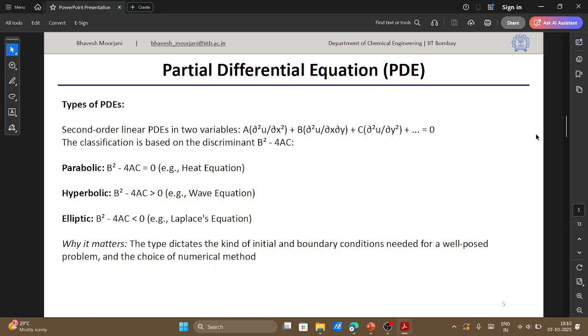We have either parabolic, hyperbolic, or elliptic, depending upon the condition that it satisfies.